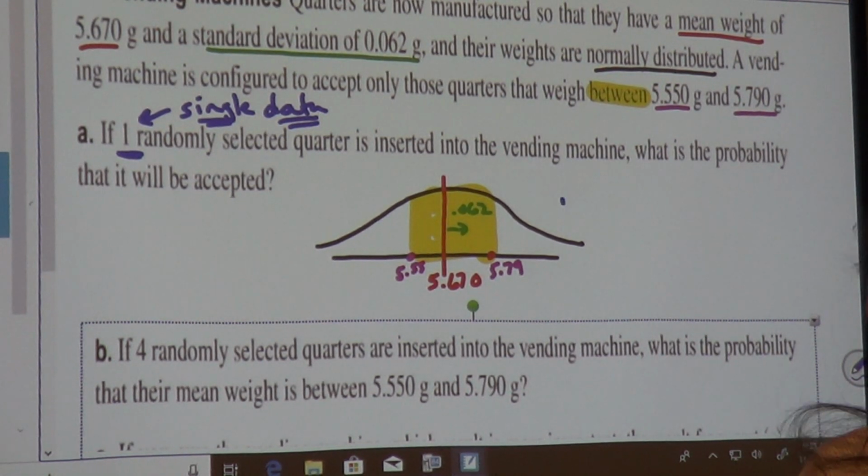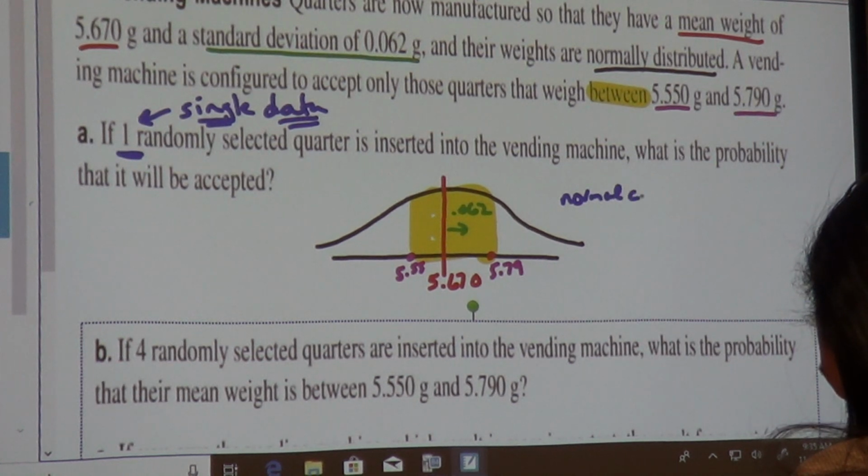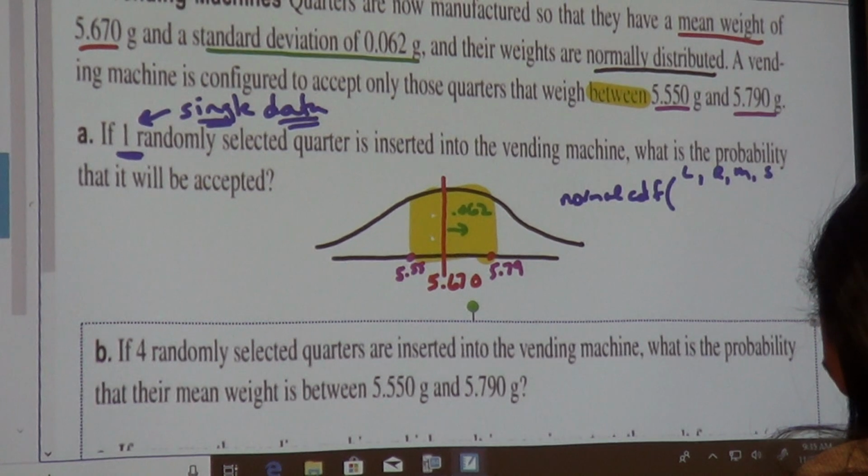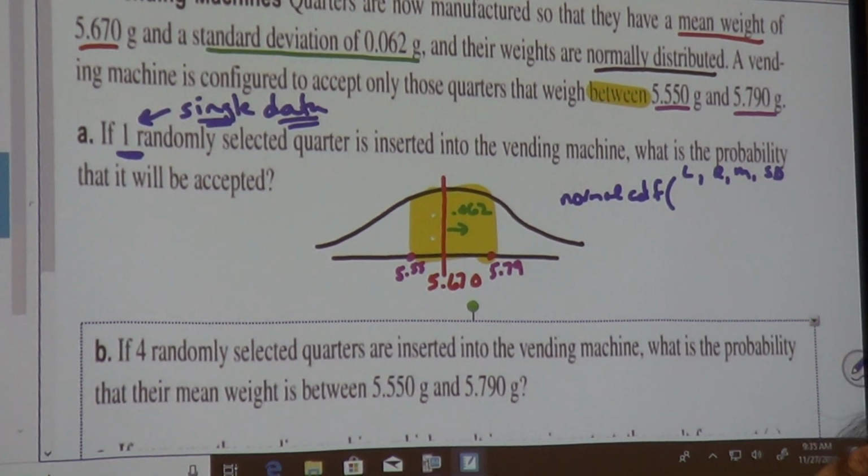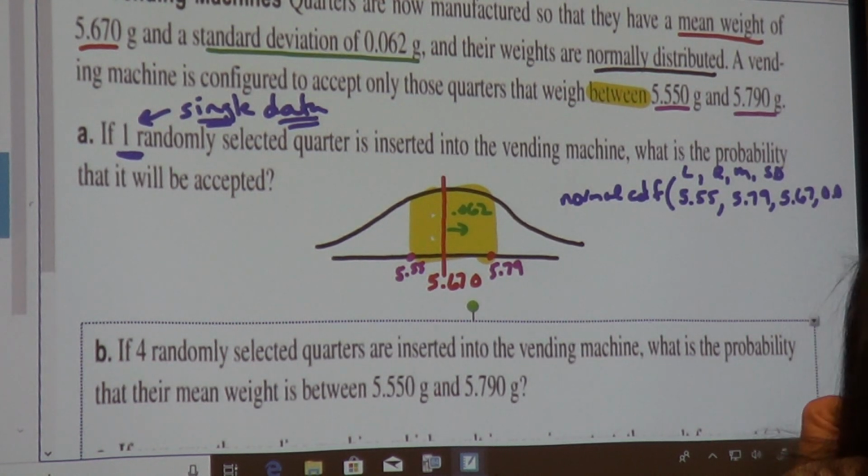We're going to do normal CDF: left, right, mean, standard deviation. What is my left? 5.55. What is my right? 5.79. What is my mean? 5.67. And what is my standard deviation? 0.062.